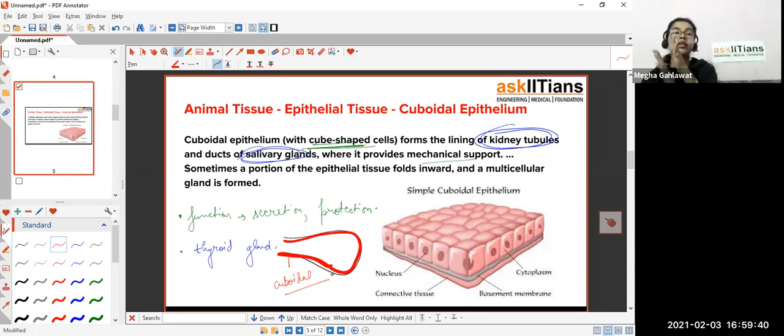But the ducted glands do not produce hormones, but only sweat or digestive juices or saliva, etc. Whereas only the endocrine glands produce the hormones. What are hormones?